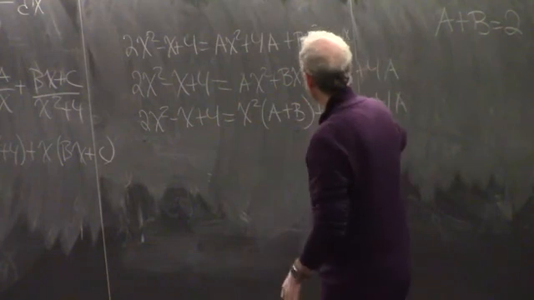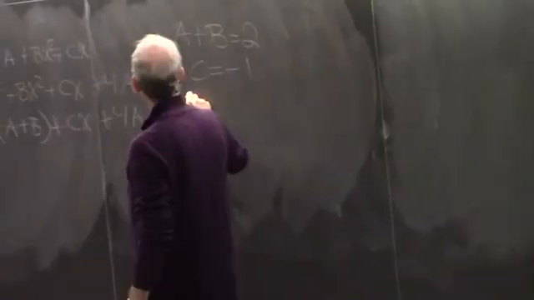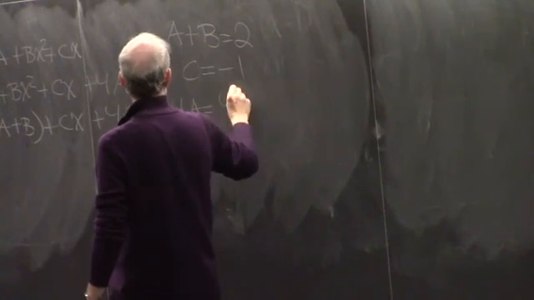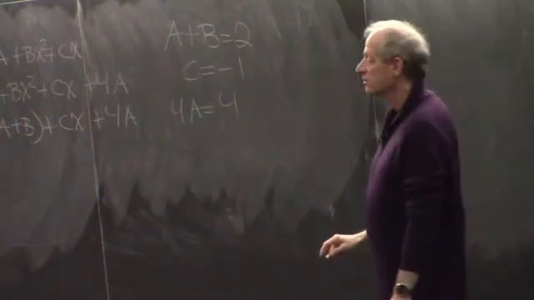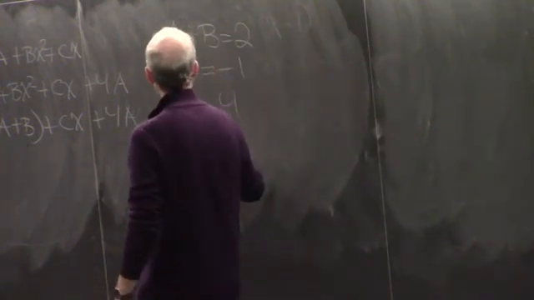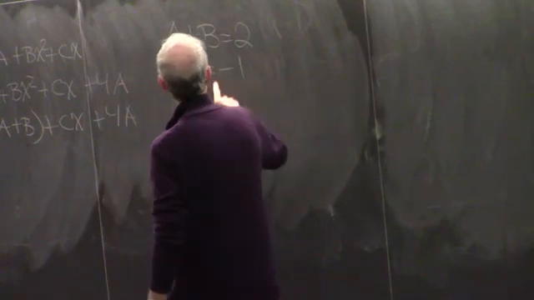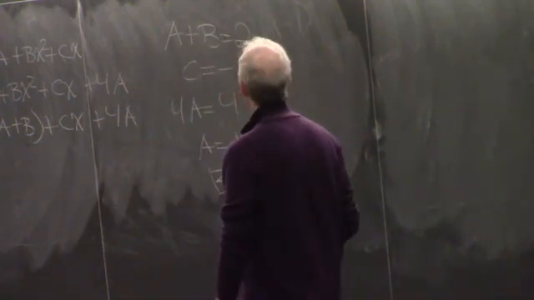I know that C has to equal negative 1. And I know that 4A has to equal 4. That worked out nicely. So we could give you a messier one, but the numbers work out well. You get A is 1, and then if A is 1, B is 1.